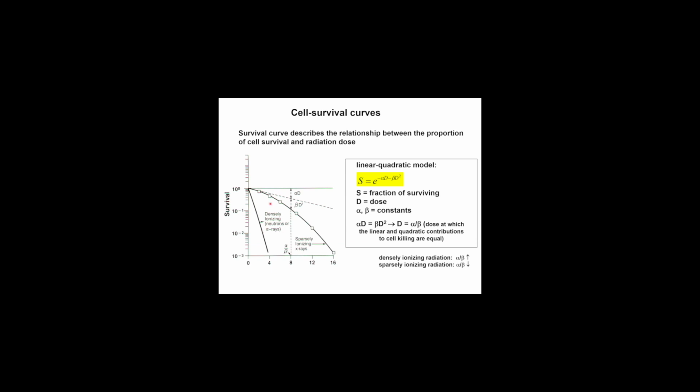If you remember, I said to you earlier that there is low LET radiation and high LET radiation, that neutrons and alpha particles are considered high LET, high density radiation, very damaging per unit dose, versus gamma rays and X-rays, which are much less damaging per unit dose.